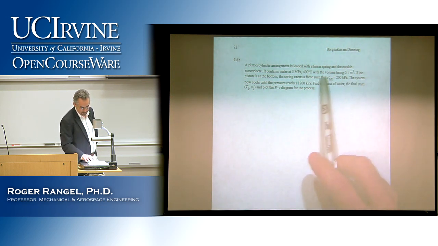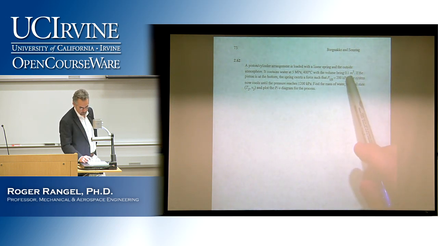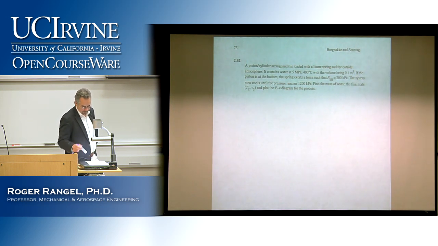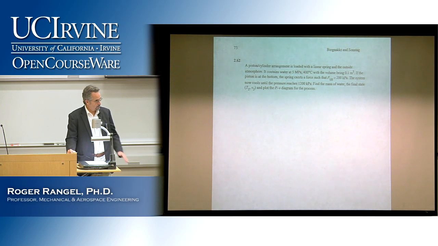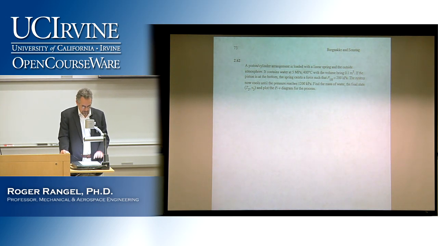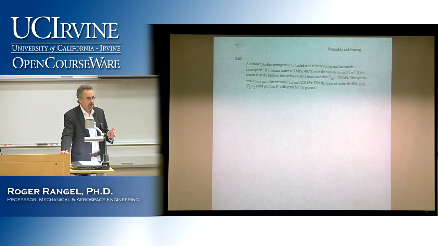And we're also given the total volume that water occupies. Then we're given another piece of information. It says if the piston is at the bottom, so that means all the way down, when there is no water in the cylinder, the spring exerts a force such that it would take 200 kilopascals of pressure to lift it.